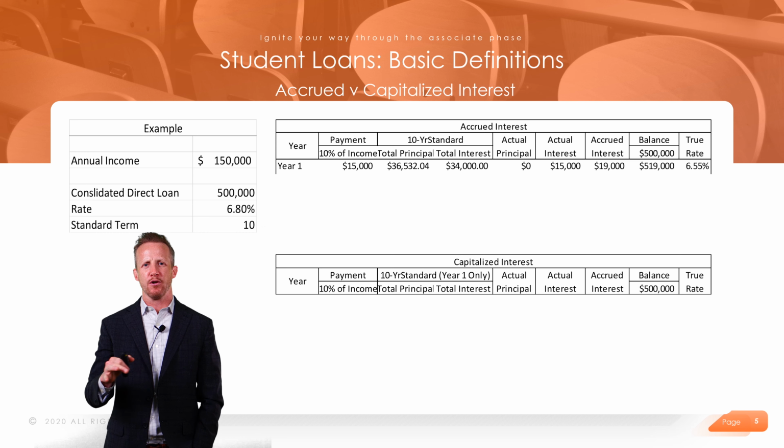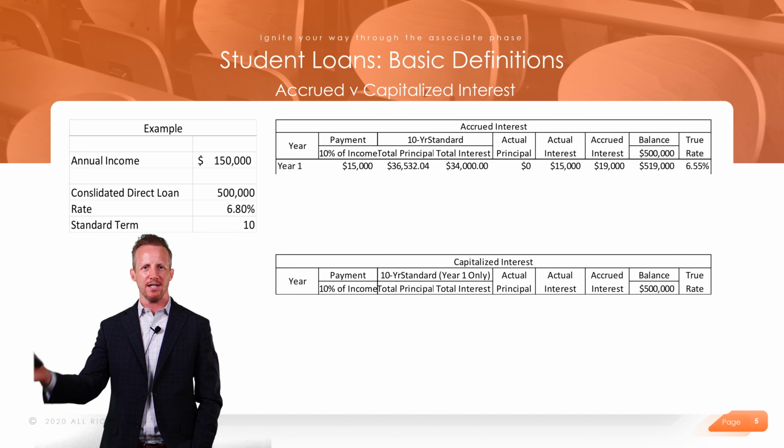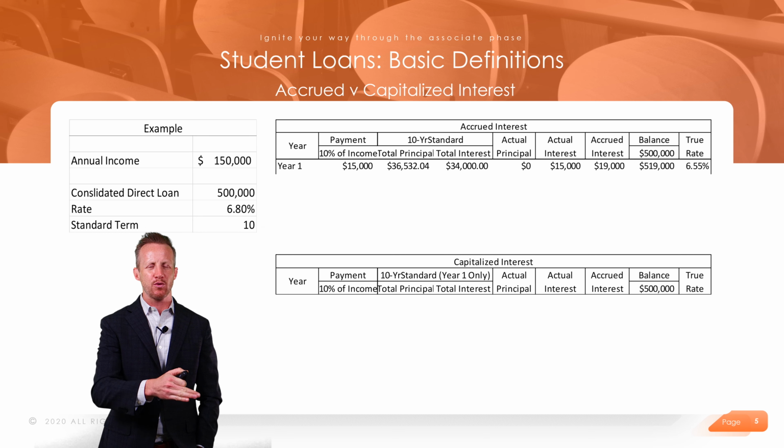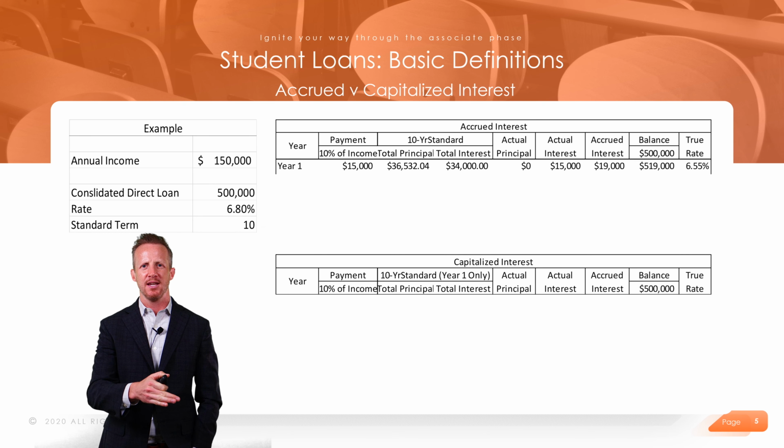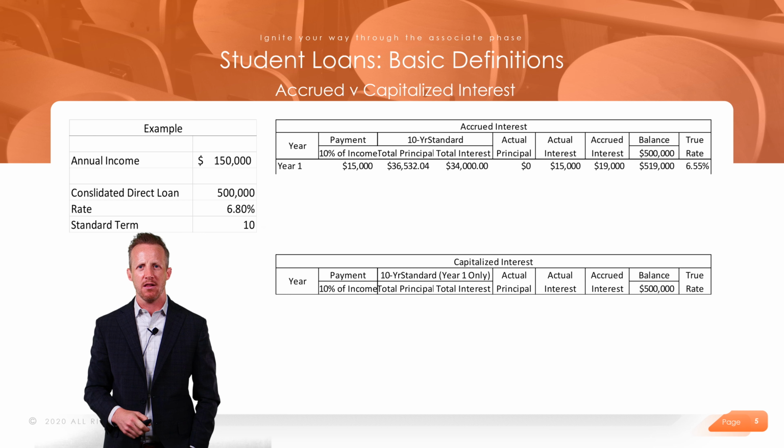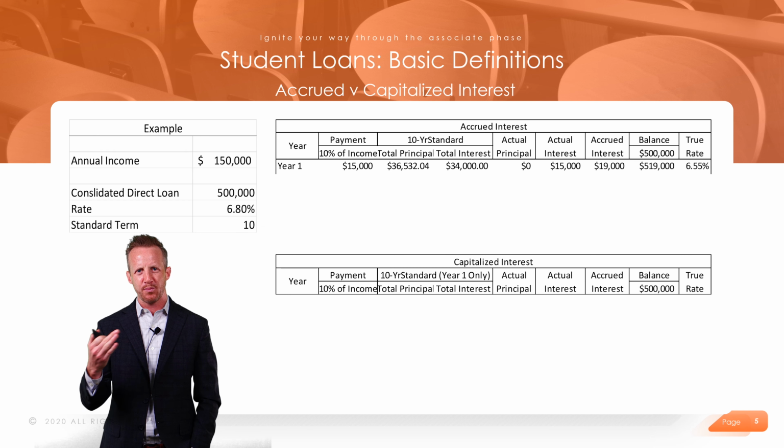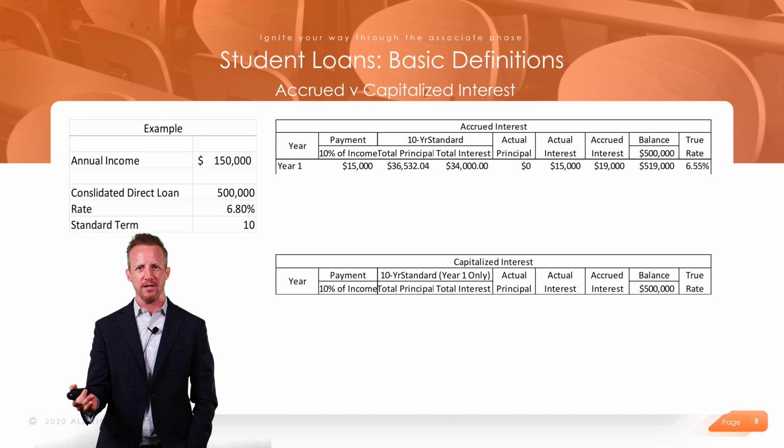The remainder of the interest, which is the $34,000 of total interest less what you actually paid at $15,000, equals $19,000. And since we're explaining accrued interest, that's accrued interest. That's interest that you did not pay. And guess what happens to it?